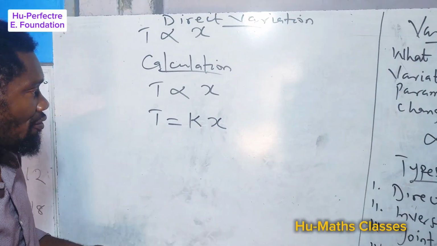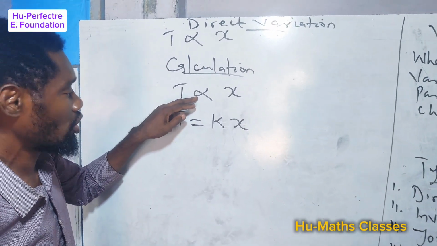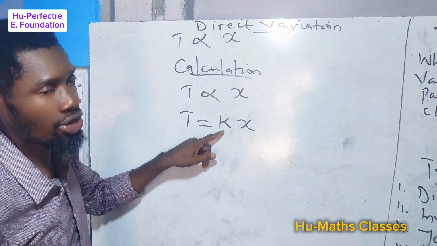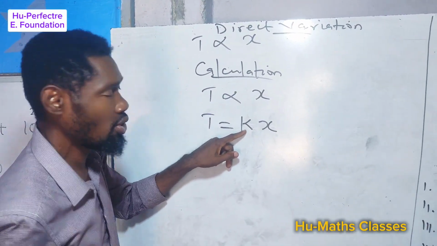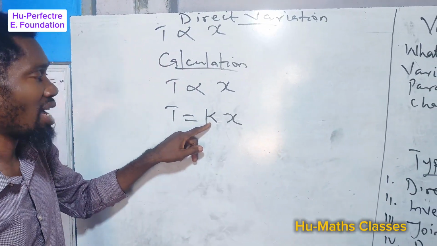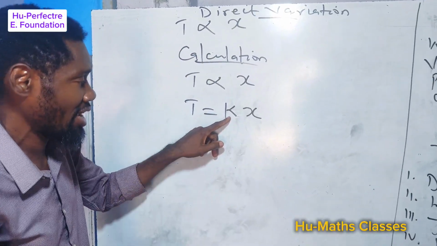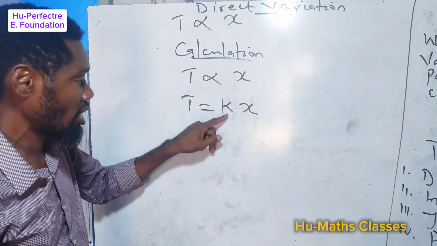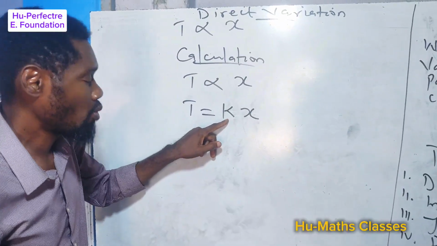It means I've removed the sign of proportionality or variation, and I've introduced a constant k, which is called the constant of proportionality. You can use any letter you wish, p, t, q, but I choose to use this particular letter k. So t = kx, where k is a constant of proportionality.